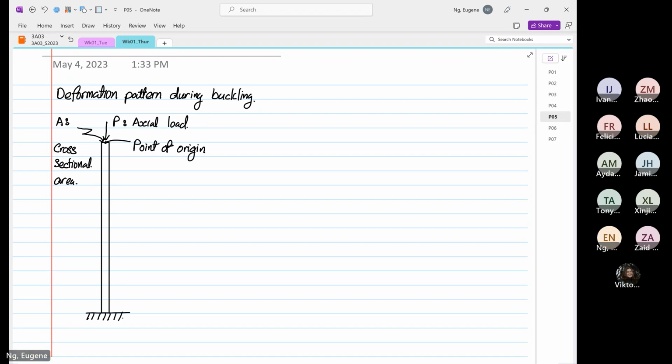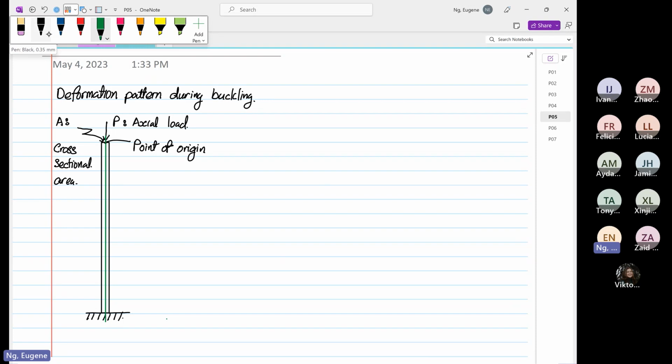So when the structure deforms, this is how the structure will look. I'm going to just draw based on the centroid. So I'm going to sketch now. This is a centroid along this axis over here. I'm only going to draw the green line. So upon deformation, I'm going to draw our original axis.